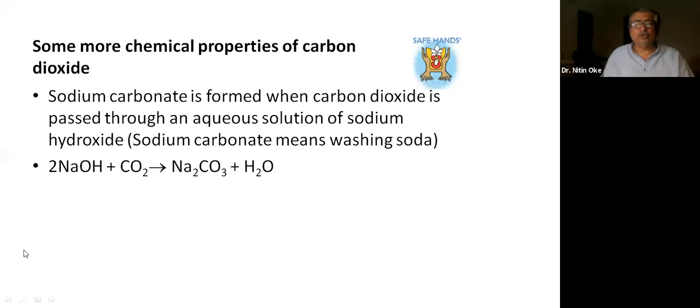In the same way, sodium hydroxide has great affinity towards water. Here aqueous solution means the sodium hydroxide is added with water. But the reaction happens between sodium hydroxide and carbon dioxide.